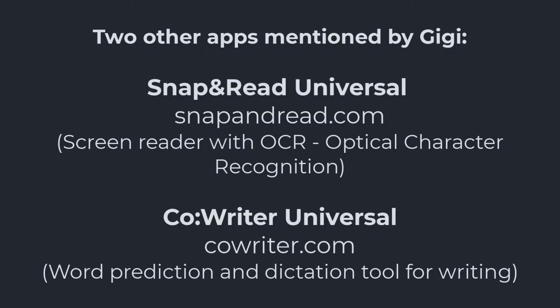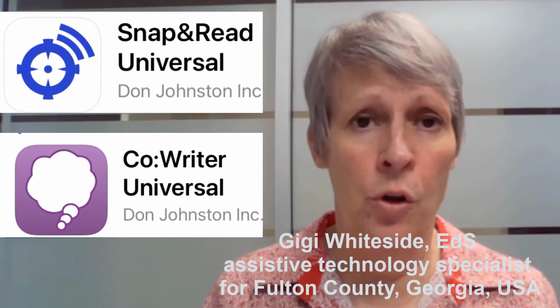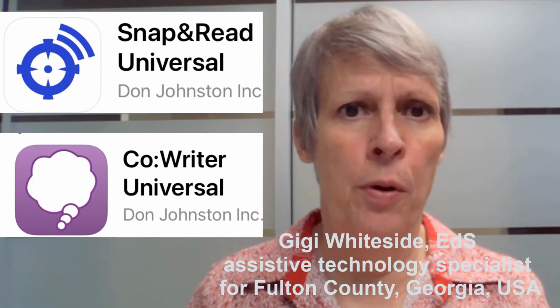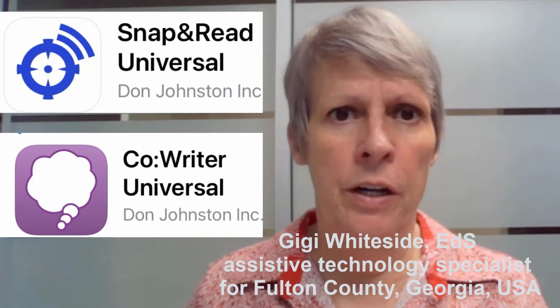Two other apps mentioned by Gigi: Snap and Read Universal, a screen reader with optical character recognition, and Co-Writer Universal, a word prediction and dictation tool for writing. Co-Writer is a word prediction and dictation tool for writing, and Snap and Read is a third-party screen reader that also interacts with the text on the page.